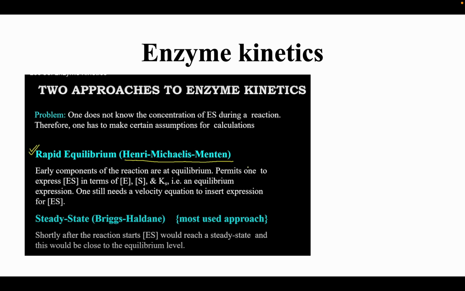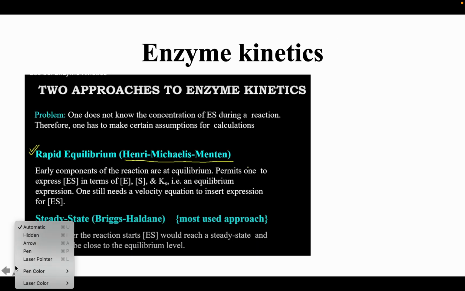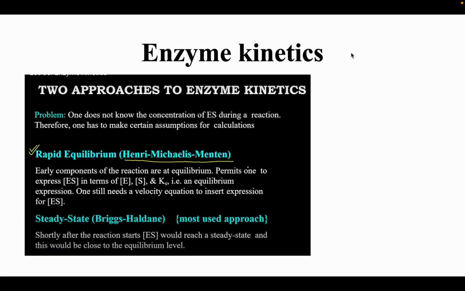Because measuring the enzyme substrate complex, that is the ES complex, is very difficult. E plus S gives us ES, and measuring this complex is very difficult. So we need kinetic parameters to find out how the kinetics are evolving over a period of time.